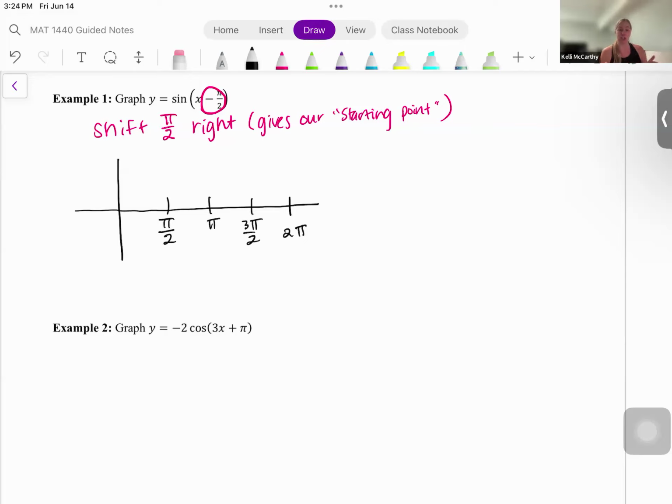Since the period hasn't changed, in order to graph a full period, if we start at pi over 2, we're not going to end at 2 pi. We're going to need one more segment to the right.